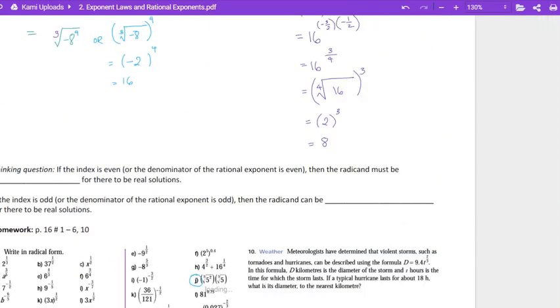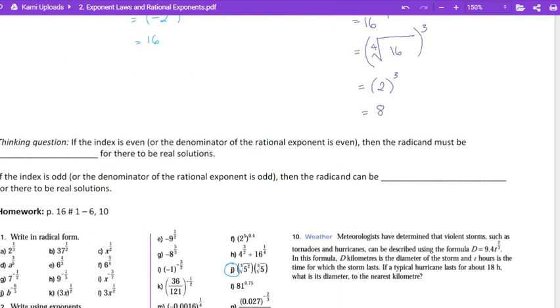So it's really good to know your values of 2 to various exponents. All right, so there's the lesson. There is a thinking question. Let's look at this. I won't give you the answer, but I'll prompt you. If the index, right, so the number underneath the radical symbol, oh, sorry, this is the index, I'm tired. If the index is even, 2, 4, 6, 8, or the denominator of a rational exponent is even, then the radicand, this is the radicand, must be, and the question is, is it positive, is it negative, or is it both, for there to be a real solution, i.e. no error.